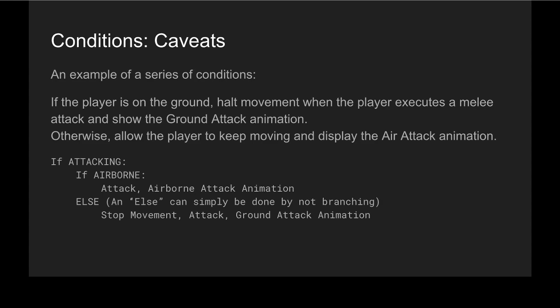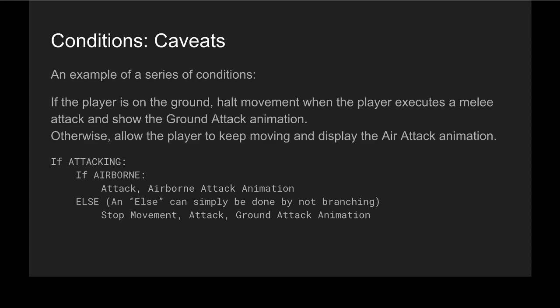You also need to look at ways to simplify the number of conditions that you're using. An example that I found someone trying to figure out was how to create different states for when they hit attack in the air.